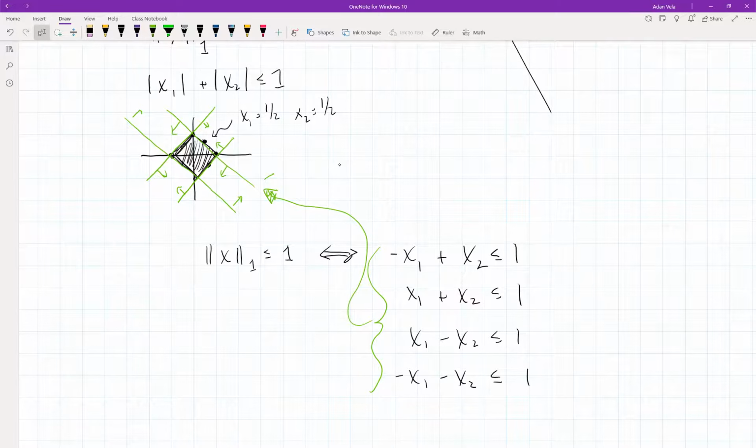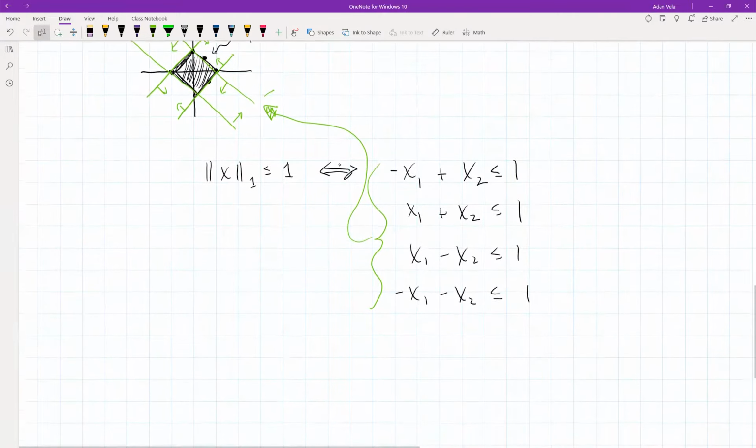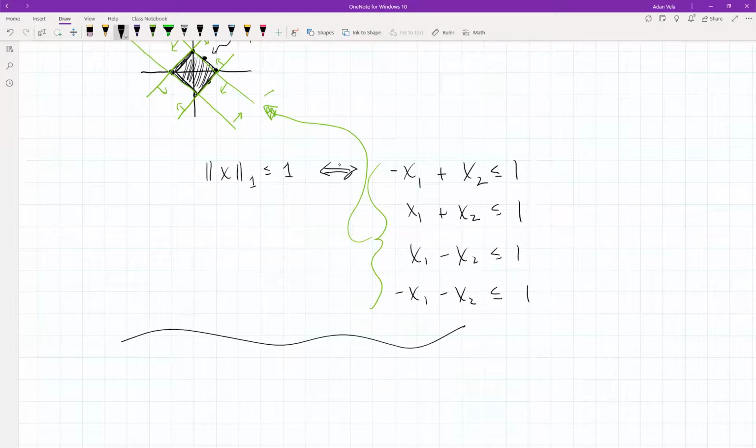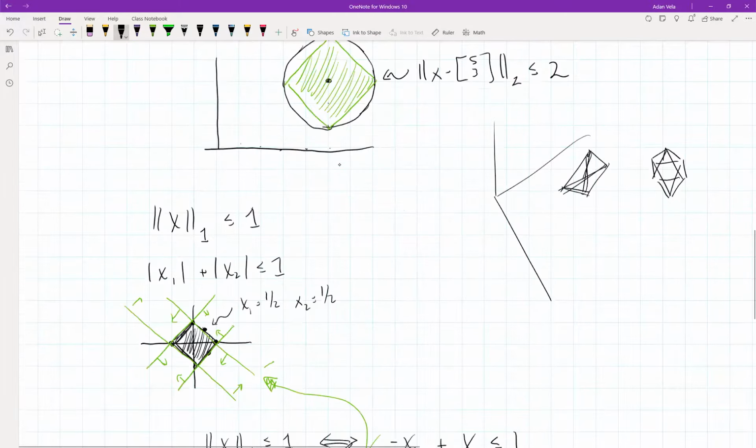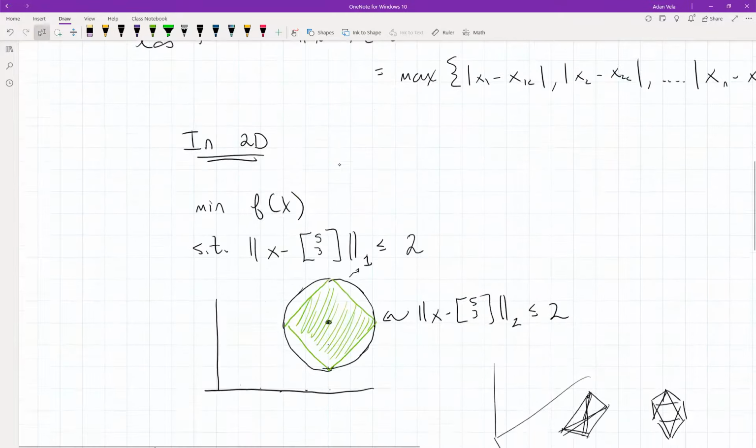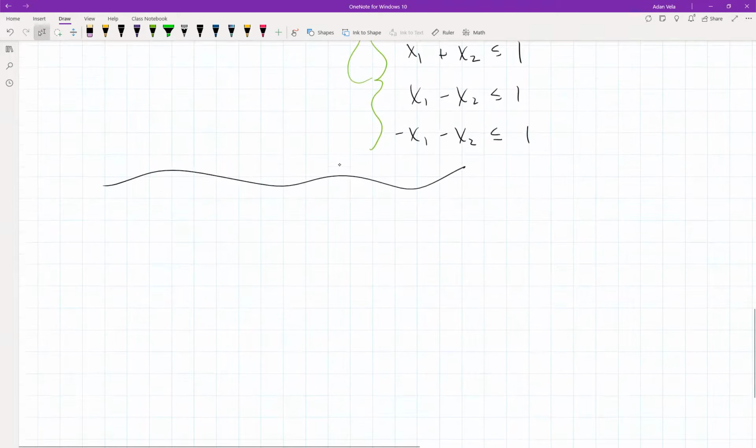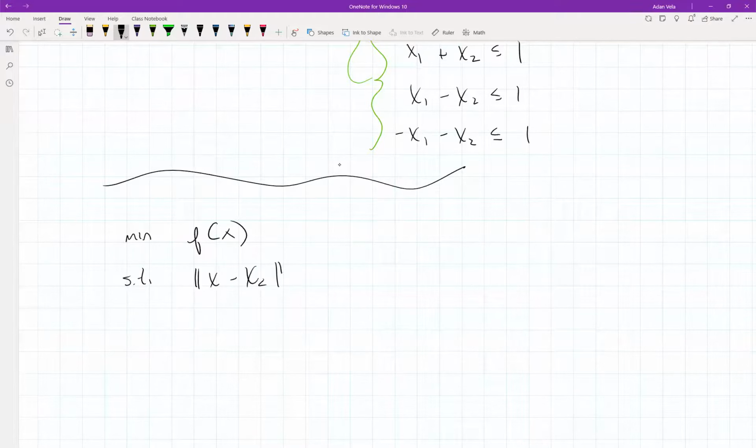All right, so let's now think about the L infinity norm. We talked about the L1 norm. The other norm that we commonly use in optimization is the L infinity norm. Let's say I had the norm of x minus xc is less than or equal to 5.